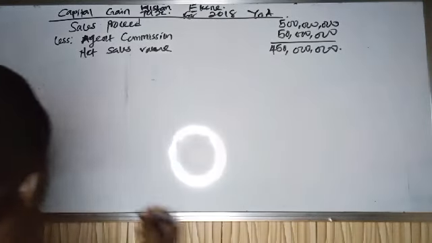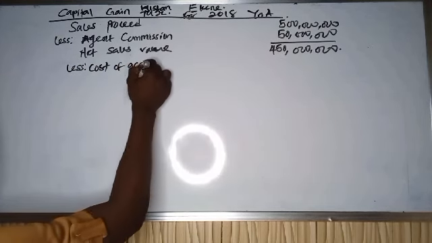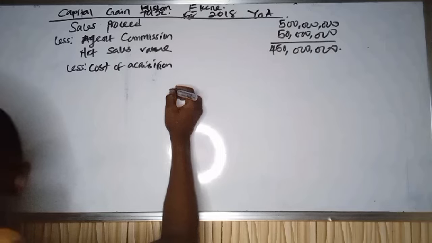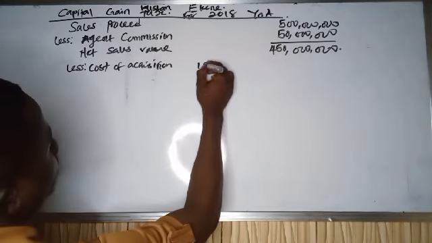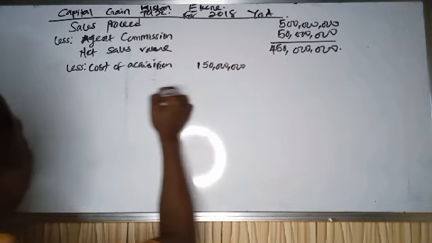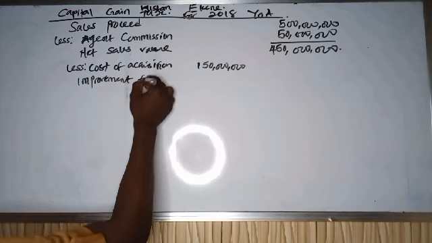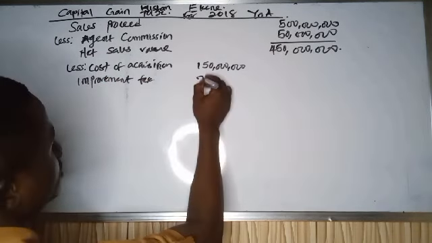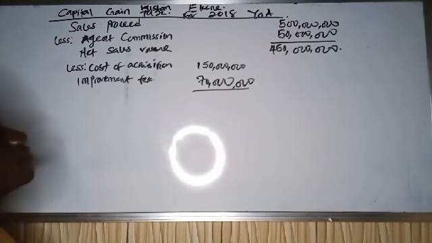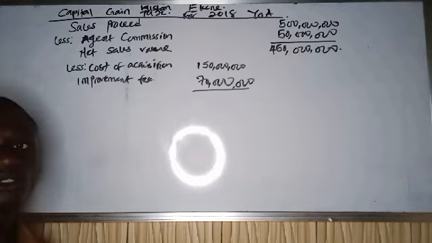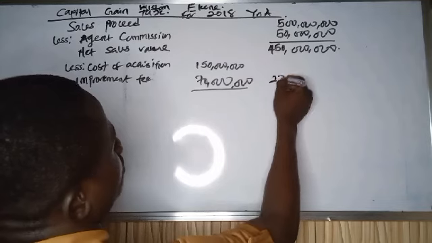So less cost of acquisition, which is 150 million, and improvement fee, which is how much? 70 million. If you add improvement fee and cost of acquisition, you get 220 million.